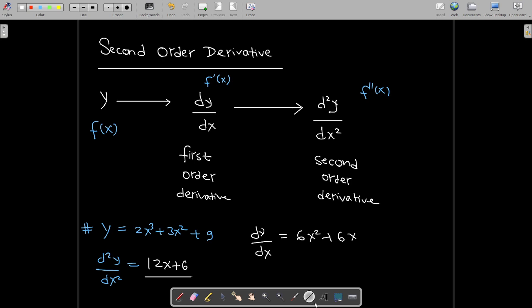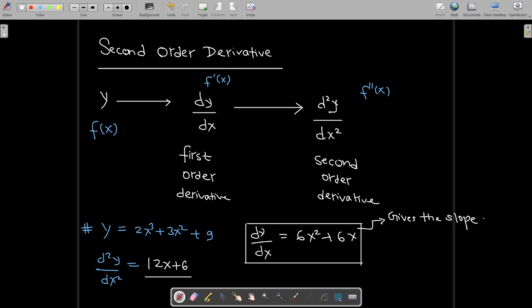Yeah. Okay. Now, what is the significance of this? We have discussed the significance of the derivative. What does it represent? It gives the slope of the line, a straight line.